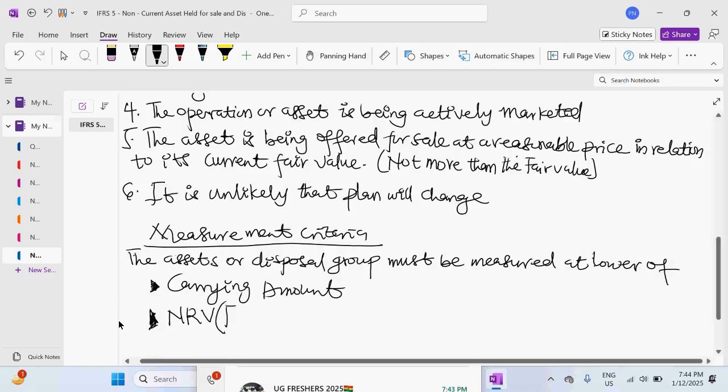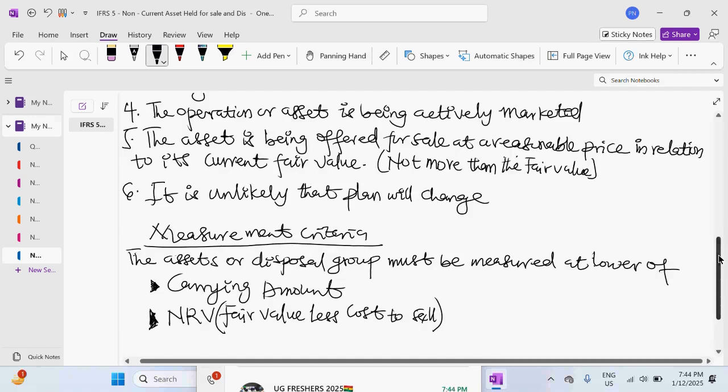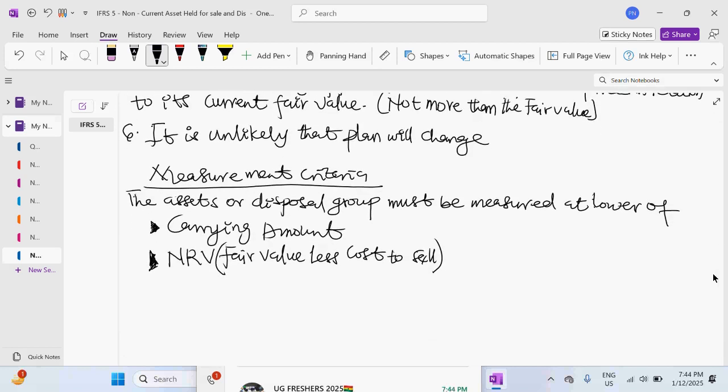The net realizable value, in brackets, is fair value less cost to sell. Right. So now this is the measurement criteria.